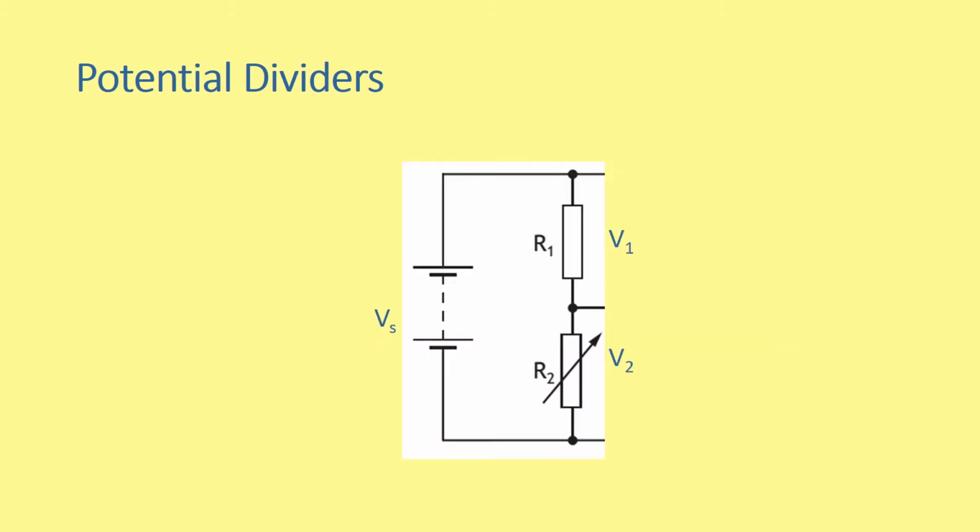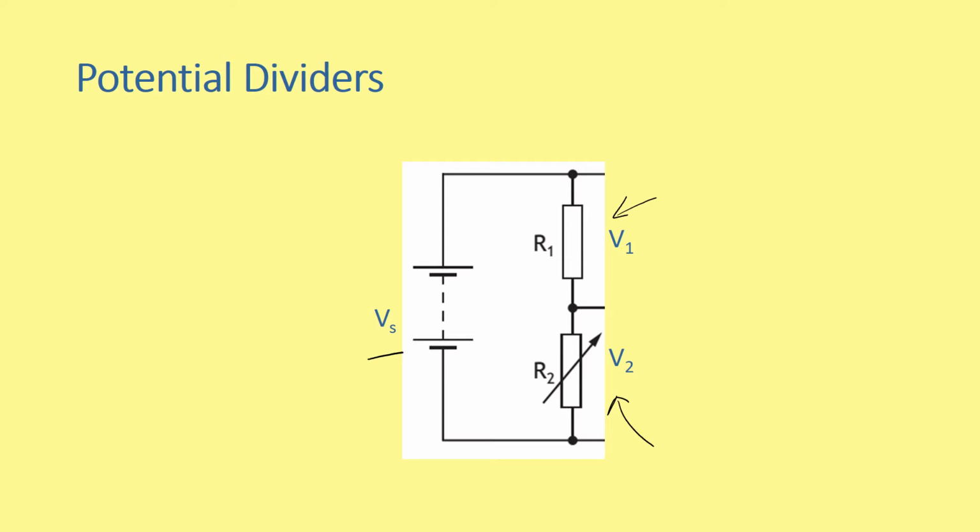Here's an example of a potential divider. We can see on the circuit, this is our voltage supply. Here we have resistor R1 and resistor R2. There'll be a potential V1 across resistance R1 and a potential V2 across resistance R2.